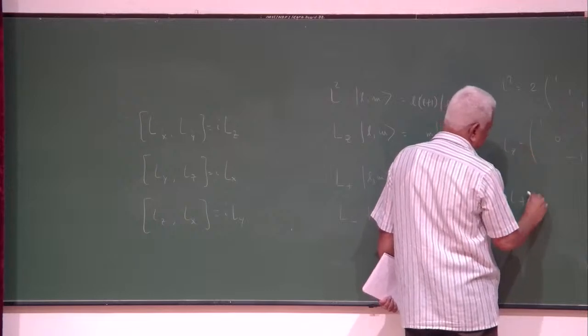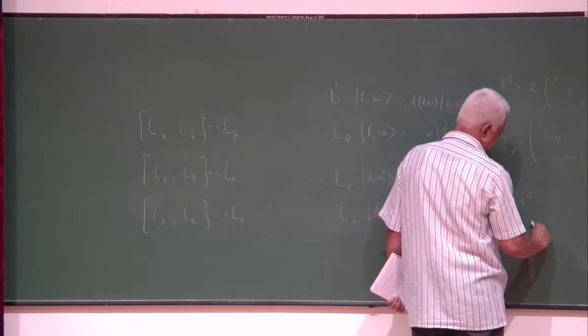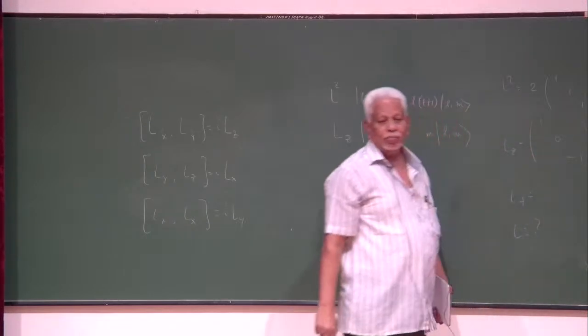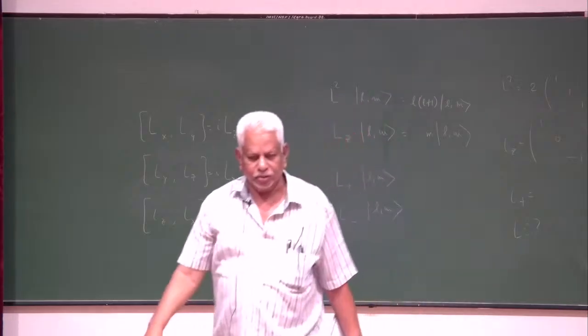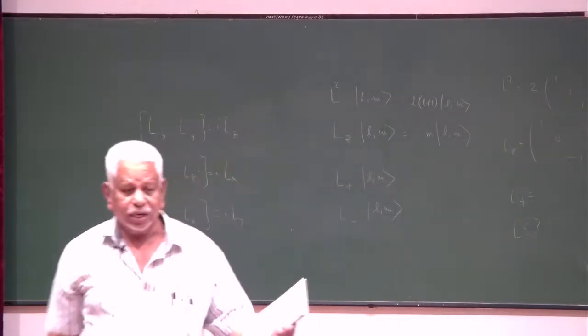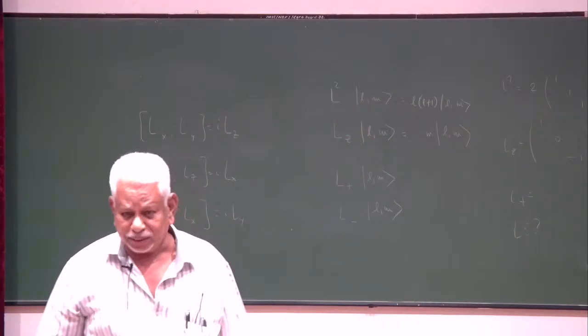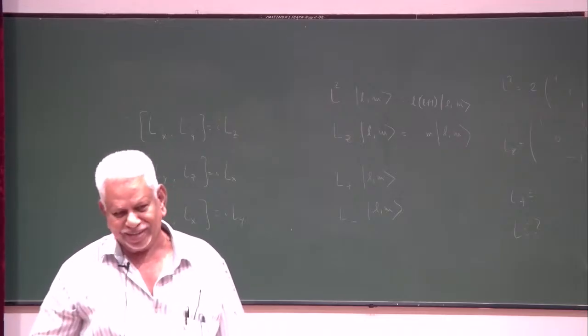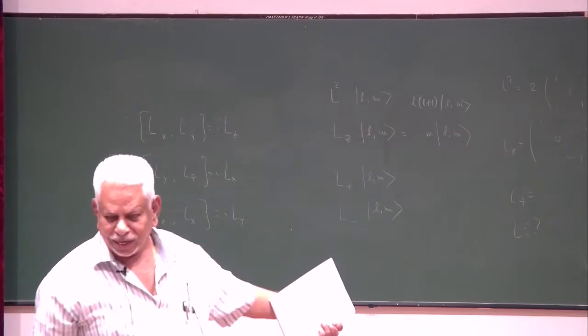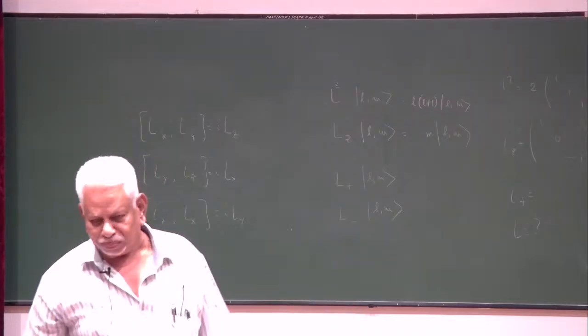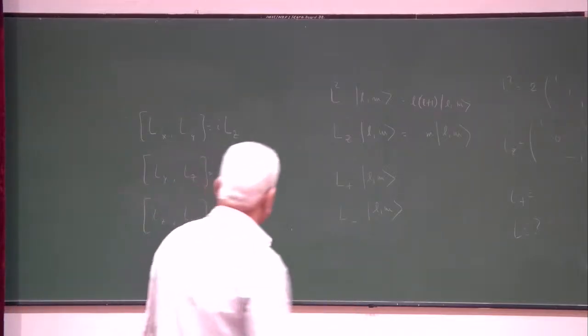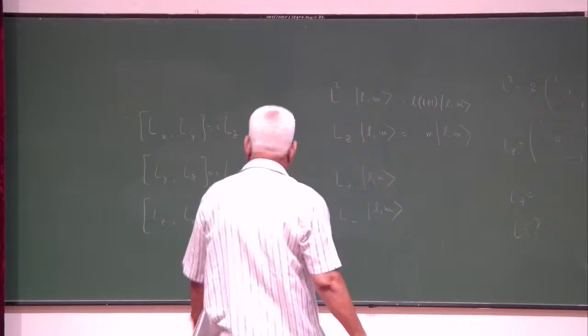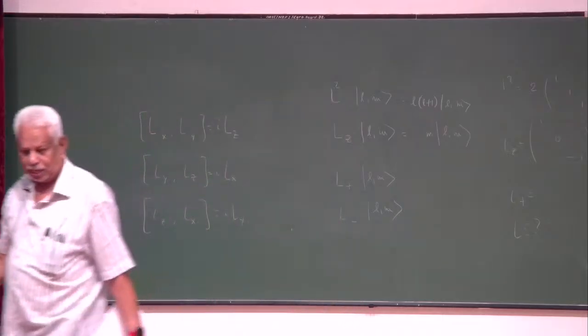I should tell you what L plus and L minus are as 3 by 3 matrices. I have already given you Lx and Ly in that case. You can simply add Lx plus i Ly, that will give you L plus and L minus. That is nothing new, but anyhow, I will give you the answer for arbitrary L.